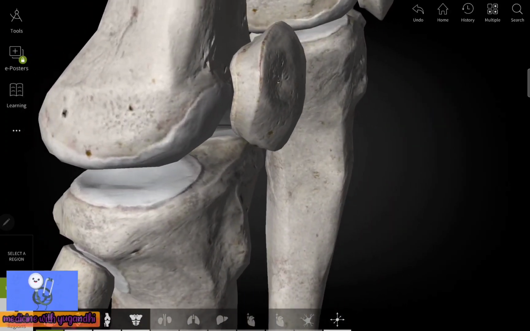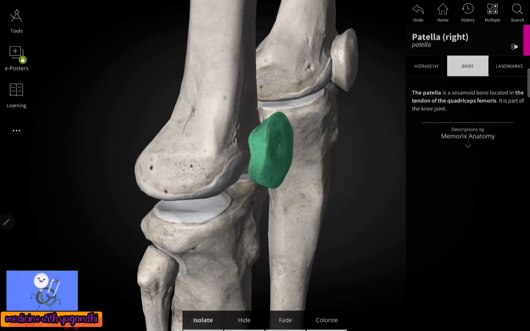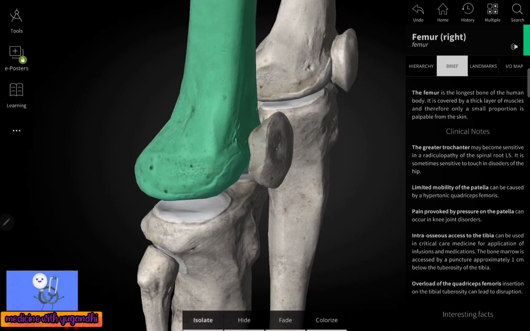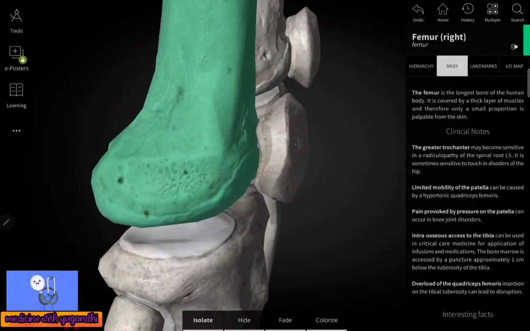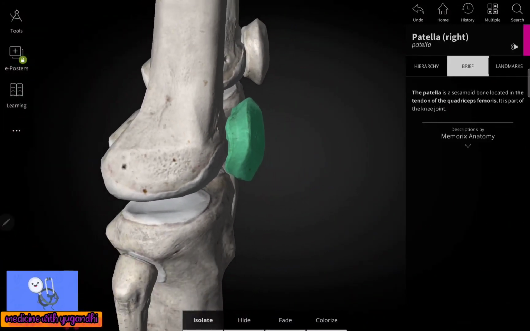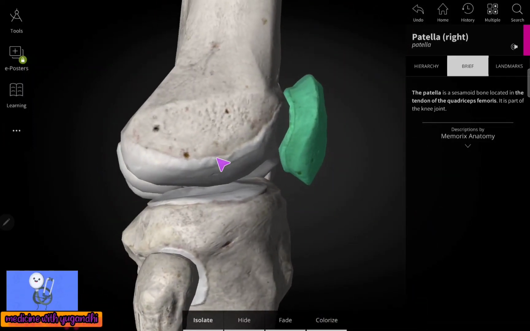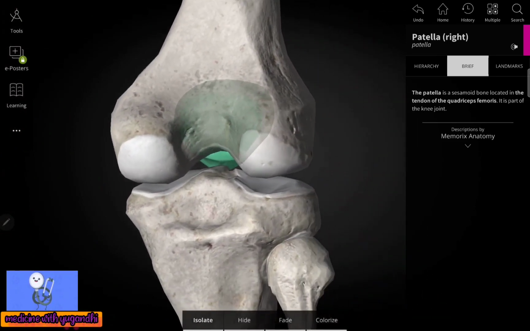Here you can see this is the patella and this is the femur. So in front, the femoral condyles articulate with the patella. And below and behind, they articulate with the tibial condyles.